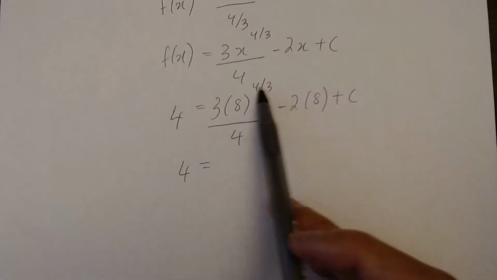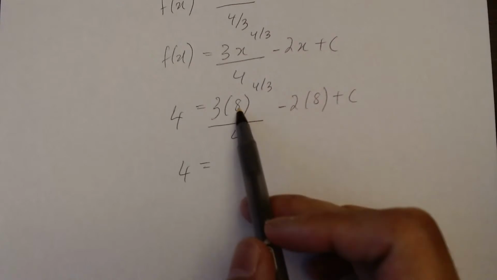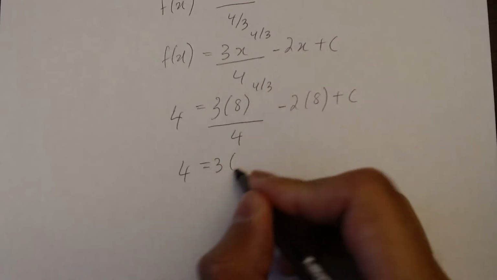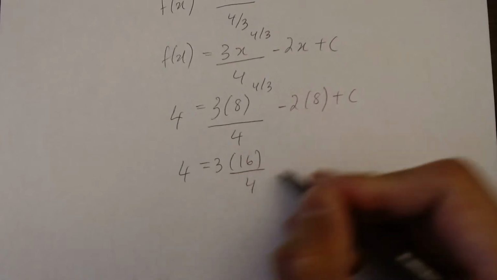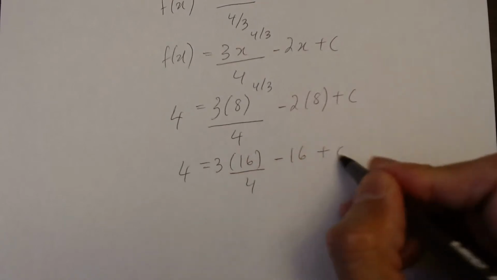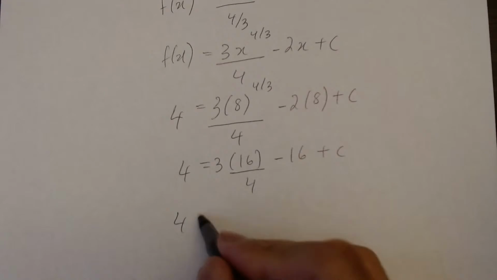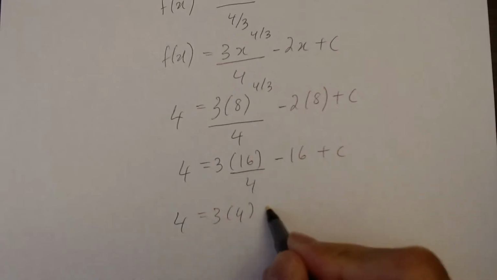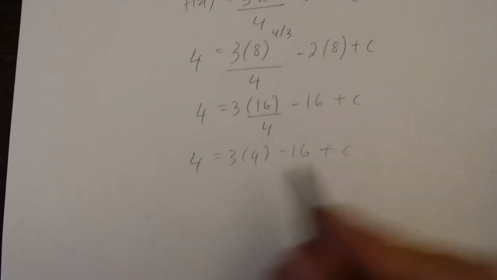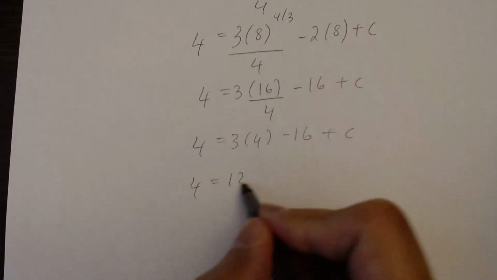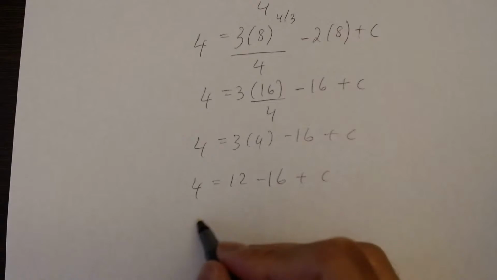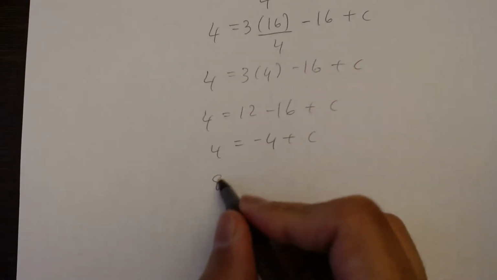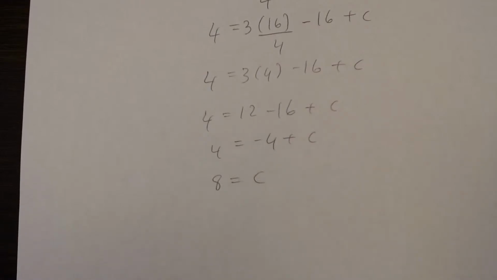Eight to the power of 4 over 3, that's just 16 because cube root of 8 is 2, and then 2 to the power of 4 is 16. Sixteen divided by 4 is just 4. 12 minus 16 plus c. 12 minus 16 is negative 4, so my c is basically 8.